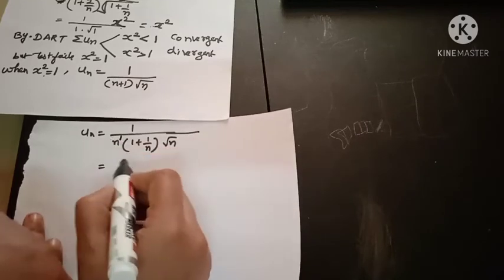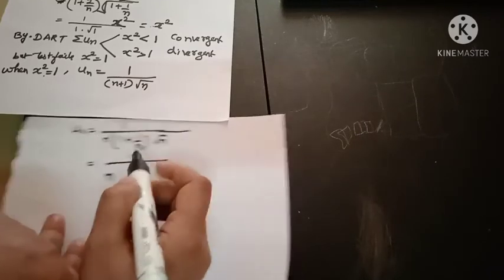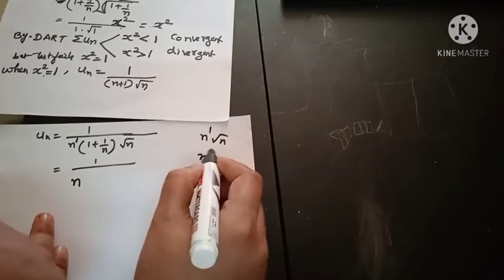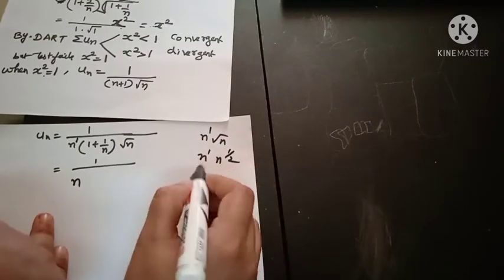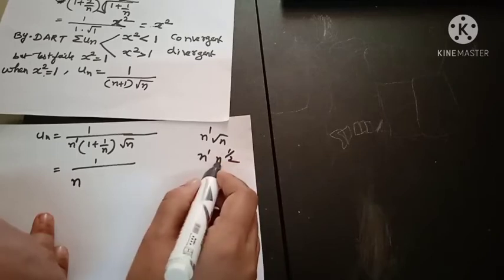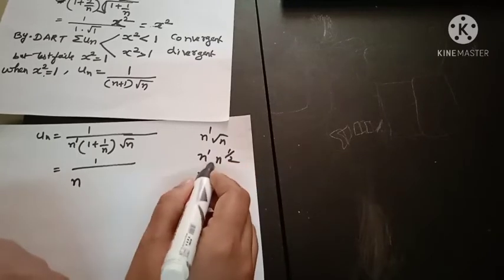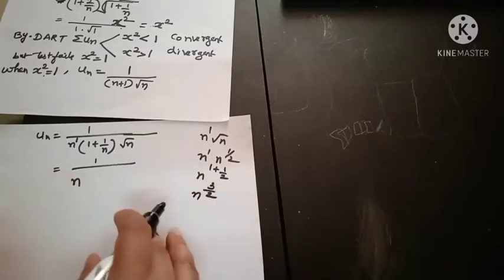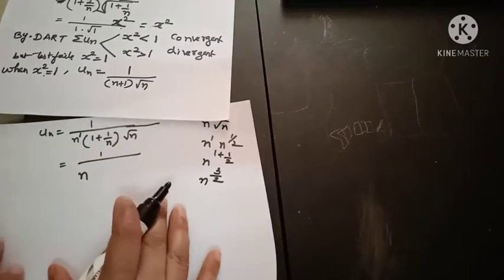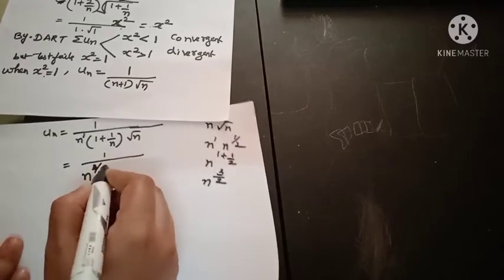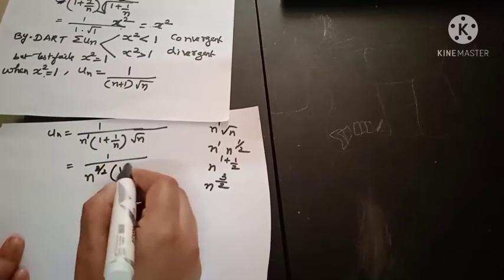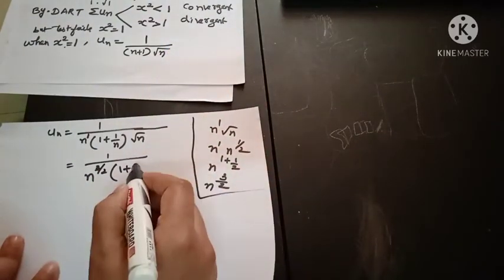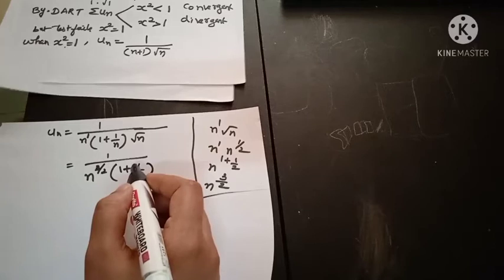Bases are the same, so add the powers, 1 plus 1 by 2, that is nothing but 3 by 2, n to the power of 3 by 2. So n to the power of 3 by 2 into 1 plus 1 by n.